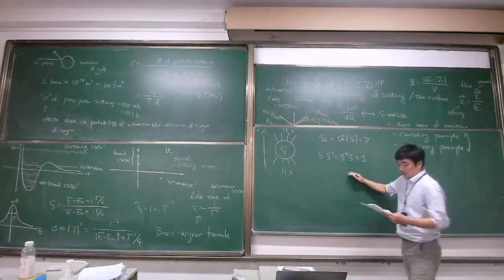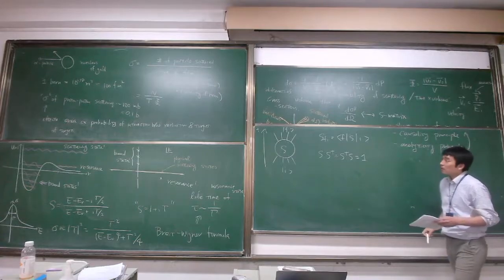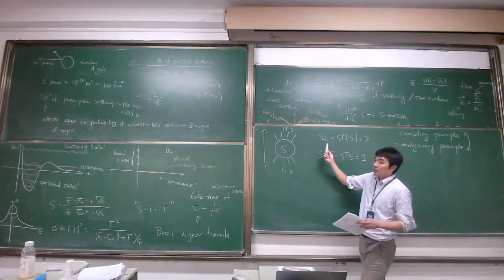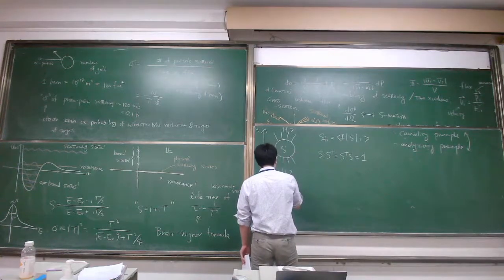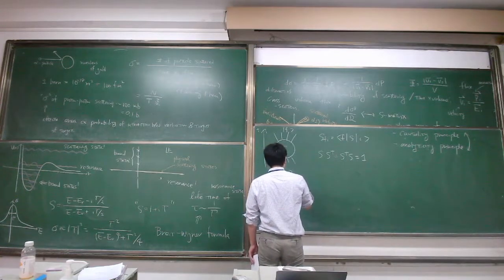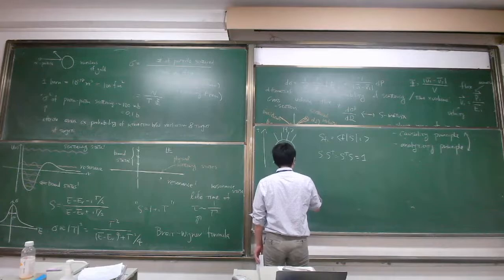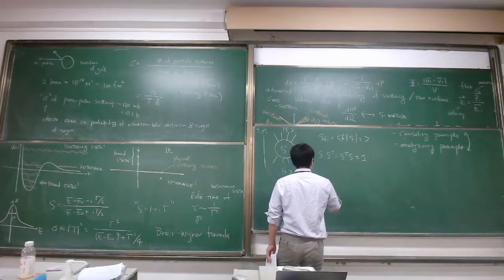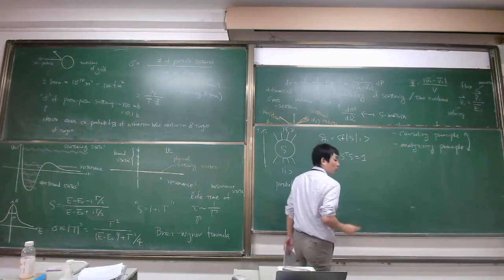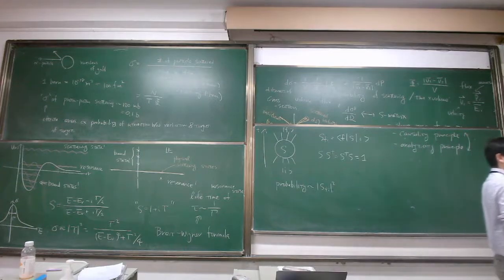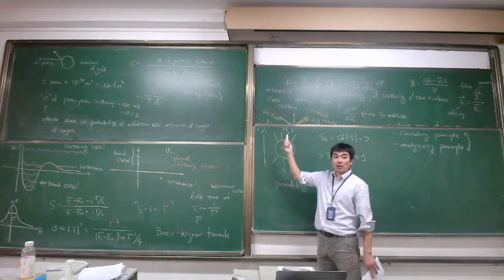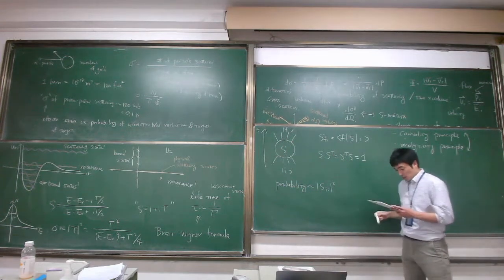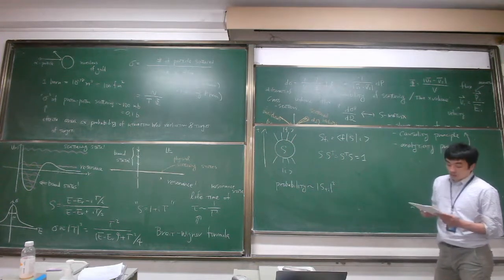The probability is proportional to |S_fi| squared.